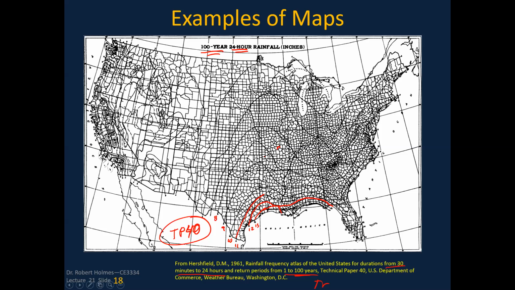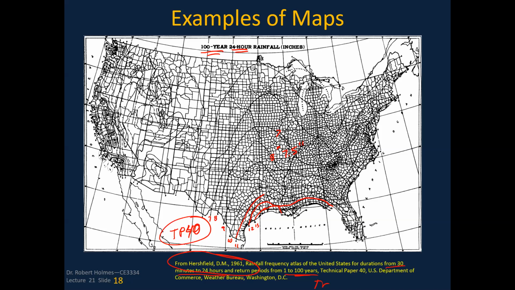So there's Phelps County. And so we're between the 7-inch and the 8-inch. So Phelps County, at least from the 1961 report by Hirschfield, which is called TP40, Technical Paper 40, we're probably around 7.5 inches if we were to use that information.